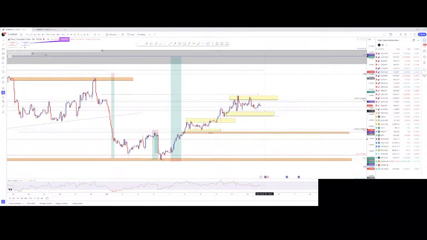I want to wait until this area here is broken. Once it is, I'll take the sell from here with a retest. I'm definitely waiting for the retest. So I need to see a clear break beneath this zone. And when price pulls back to retest this area, then I'm taking that sell. Okay?